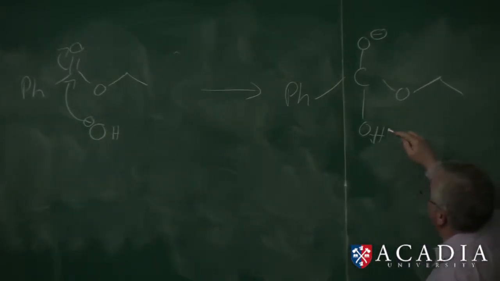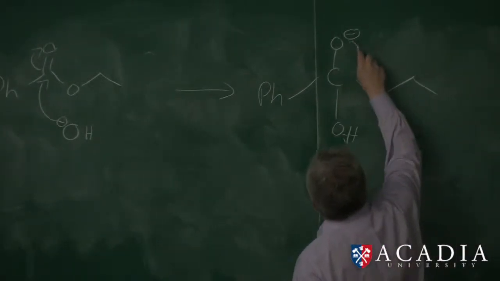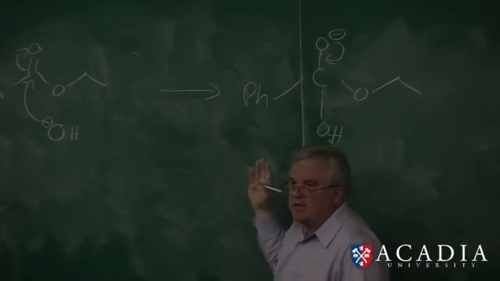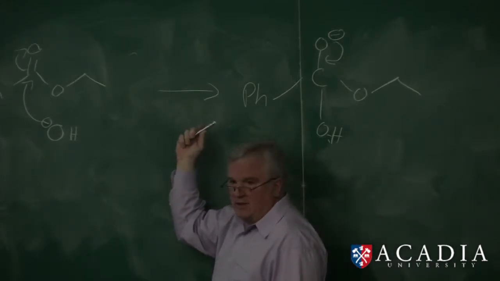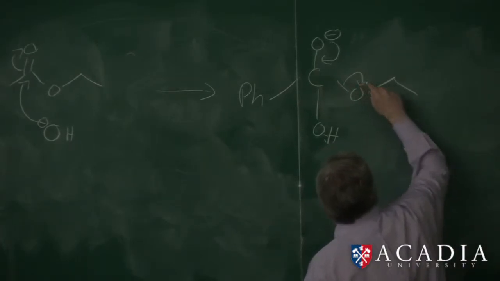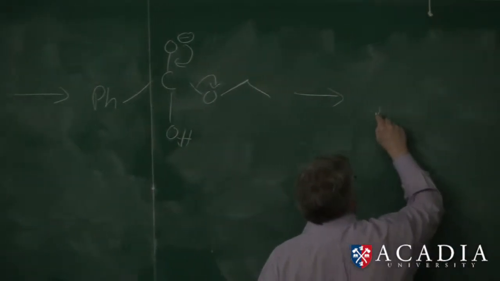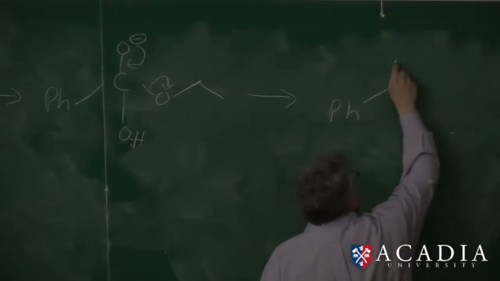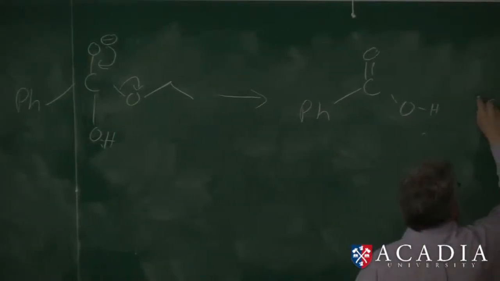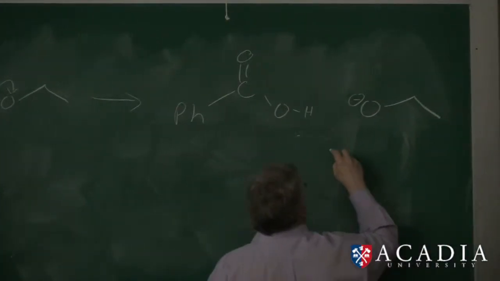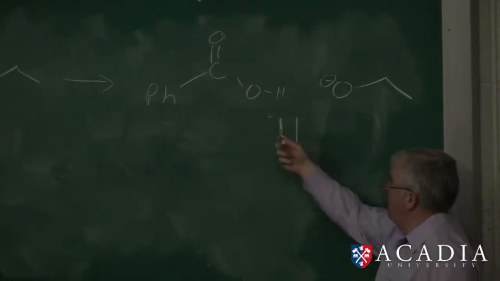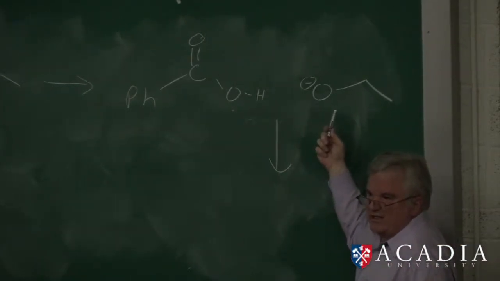Okay, so what happens with this now? We're just going to reform our carbon-carbon double bond, and we realize it could go back that way. Maybe at this point we realize that equilibrium is important. Maybe we don't. Maybe we right away go to this. Okay, at this point we realize I have an acid and I have a really strong base.